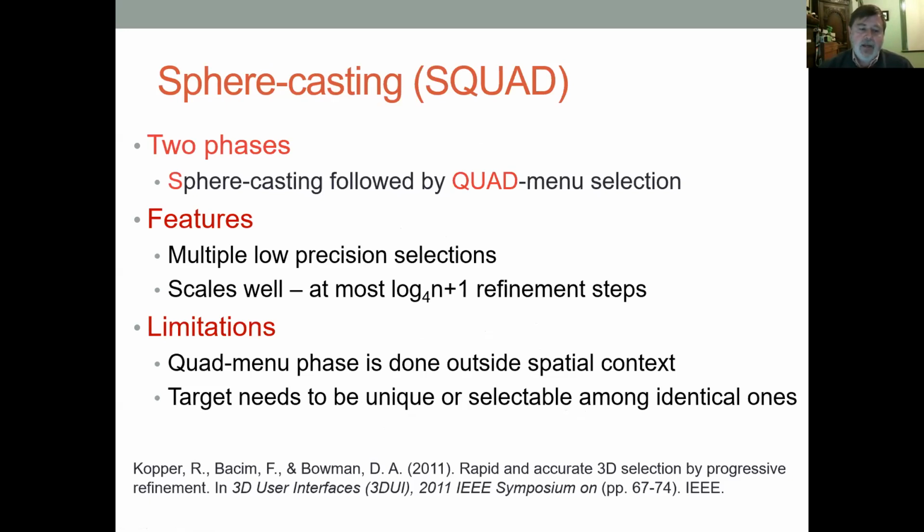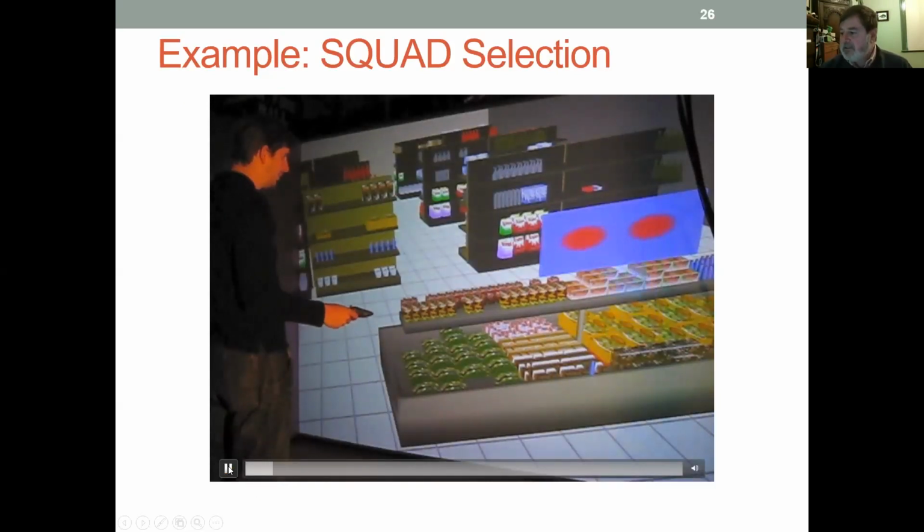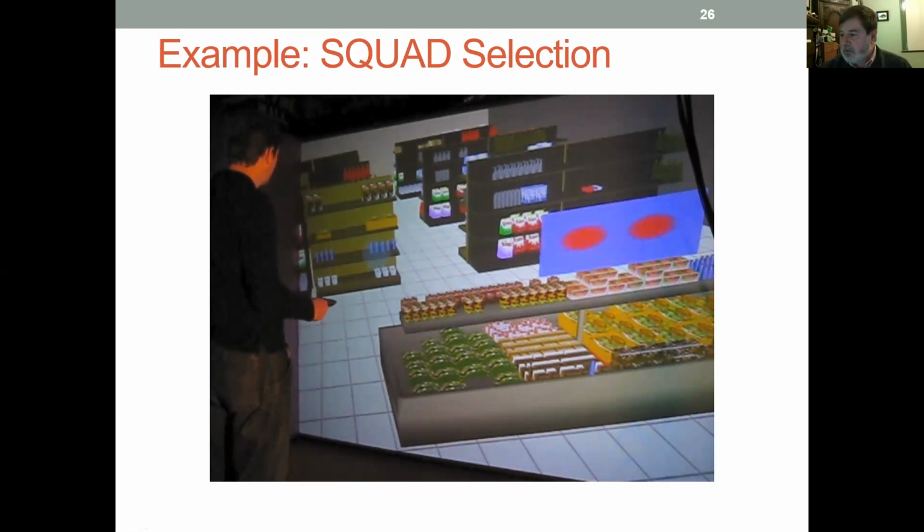So I'll show the video and I'll talk over the video. We want to select something in this very complex world, where everything is densely packed, so a laser pointer is not going to allow us to select an individual package.